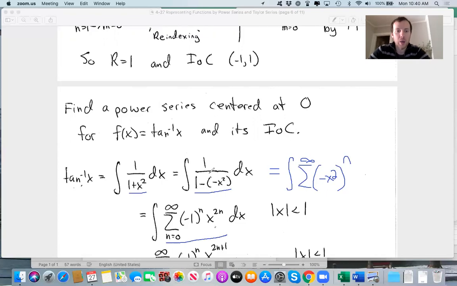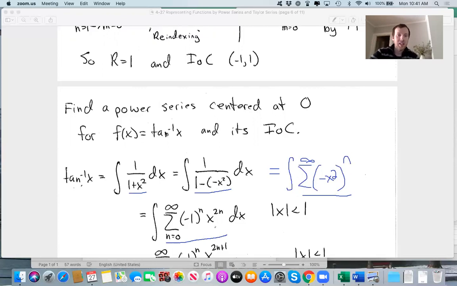So this was something that we did before. This function, underlined in blue, we can write in this form, and that is represented by this series, which we can rewrite as this series. So that blue underlined stuff is what we did in a previous example.